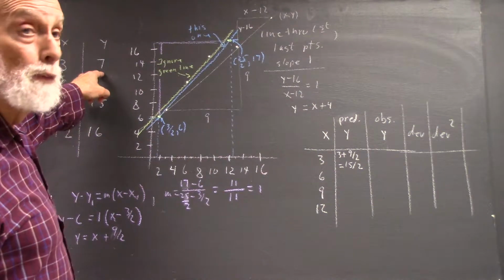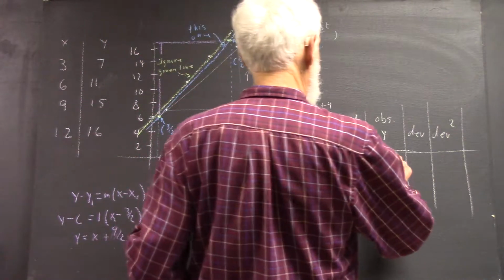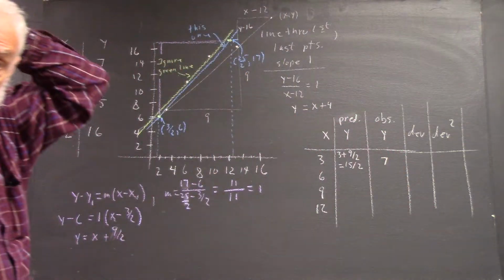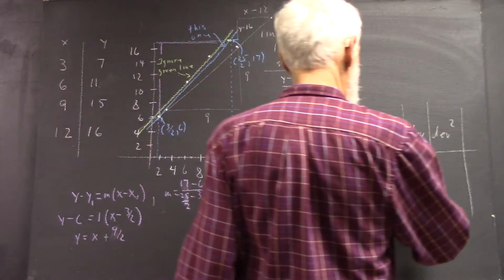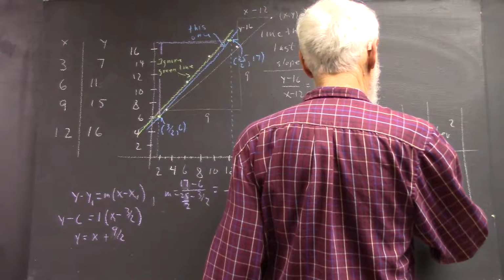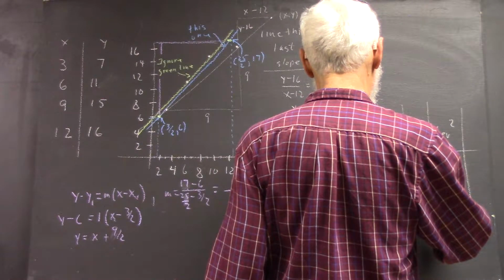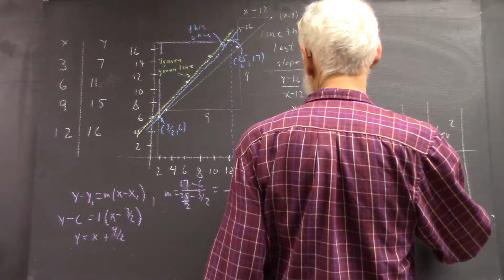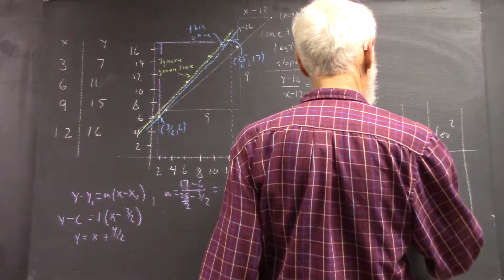Now, the observed y was 7, right? So we can compare the predicted y with the observed y, okay? And the deviation is the observed value... Wait a minute, which way do I want to do that?